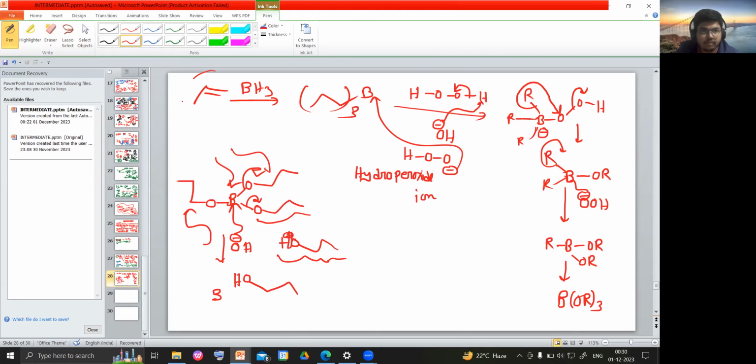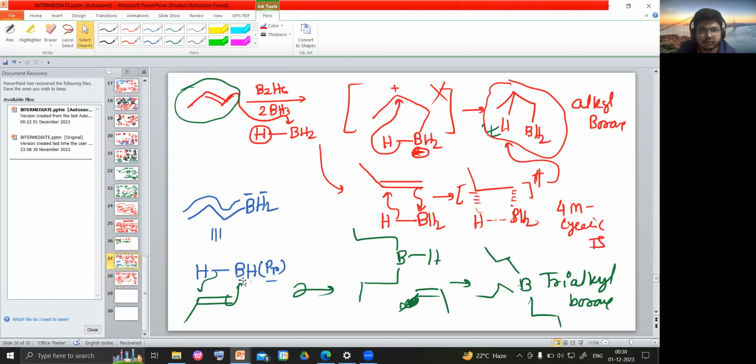So from this molecule we are getting this OH. Now in the whole scheme, we have taken 3 moles. In the previous slide, you can see that in every step we are using one alkene.